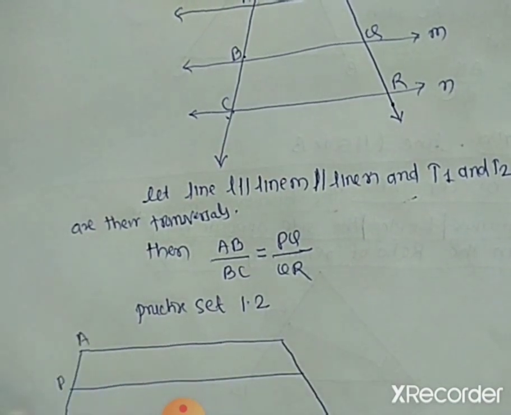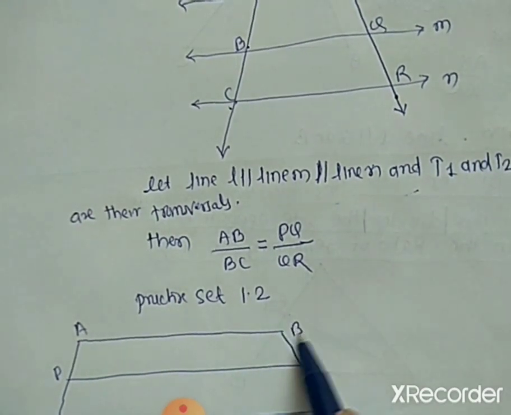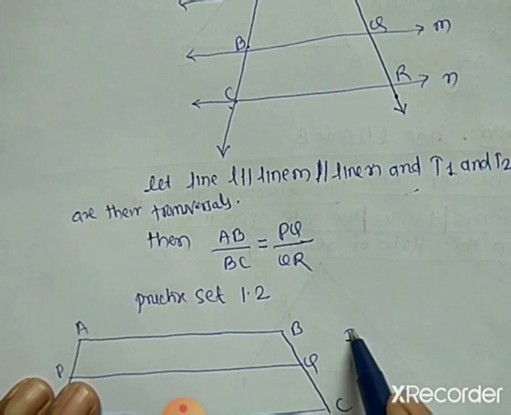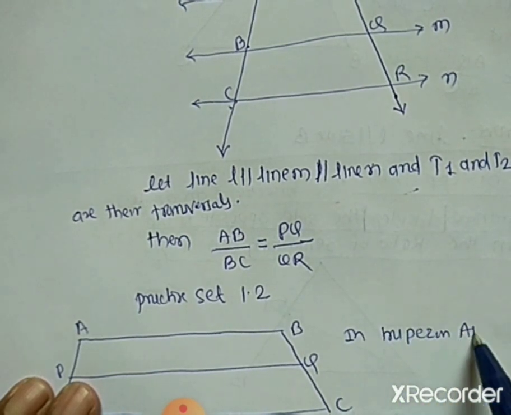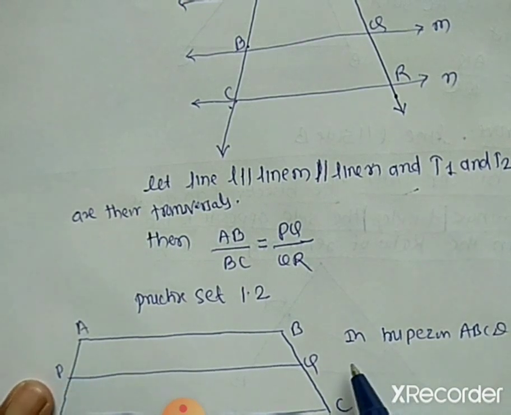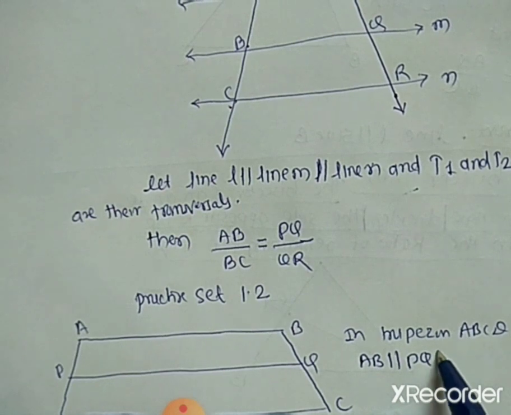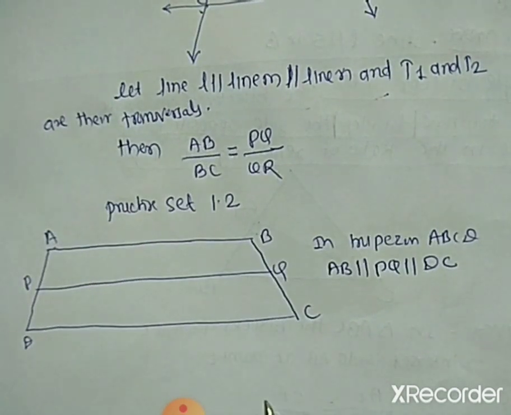A, P, D, B, Q, C. In this trapezium ABCD, AB is parallel to PQ is parallel to DC, means these three lines are parallel to each other.